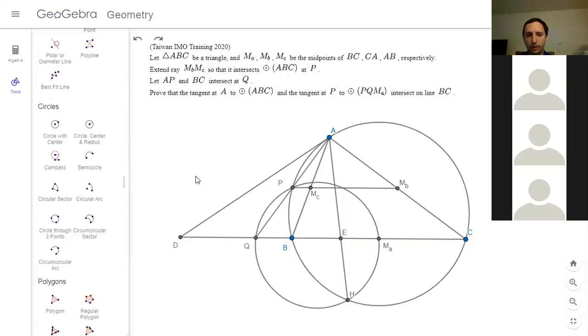So yeah, we want to find what is DP squared over DA squared. So that's the ratio of the powers of those two circles. So now I'm thinking about the power ratio lemma, but that would be crazy to apply here.